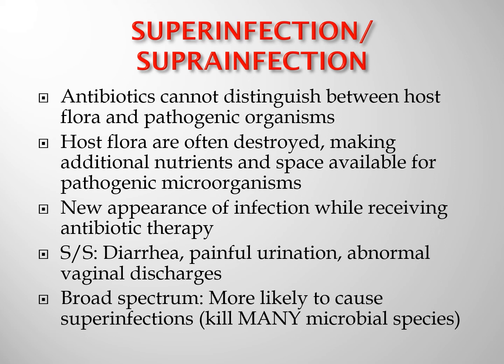And the host flora, which is naturally there and producing nutrients, are actually required for normal colon function. When they're destroyed, they make space for pathological microorganisms and bacteria to become overgrown, such as Clostridium difficile.